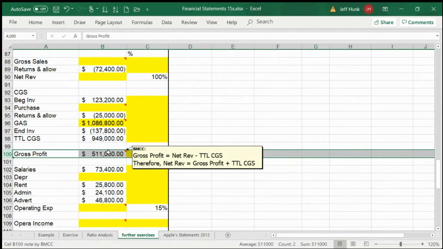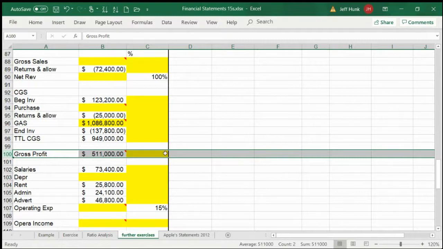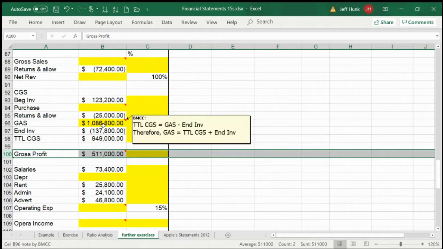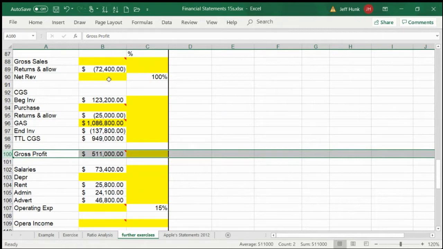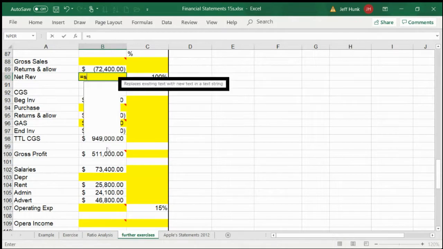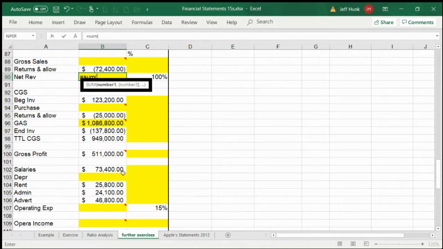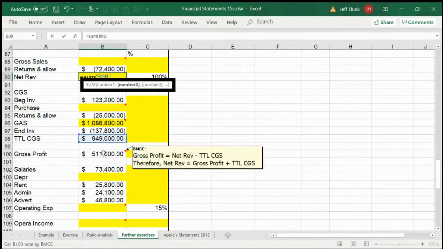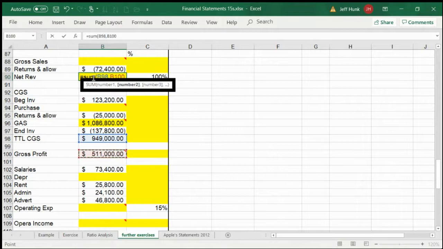It's not the entire truth. So that's why I don't hold gross profit in high regard. But anyway, they used gross profit here. So that gives us a clue to get back to the net revenue. So our net revenue is what? The sum of these two numbers, CGS and gross profit.